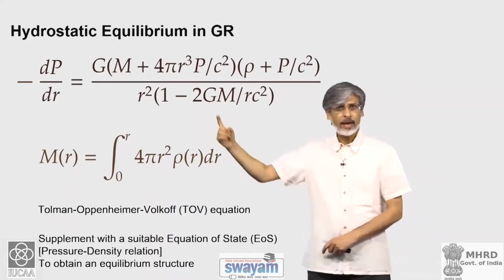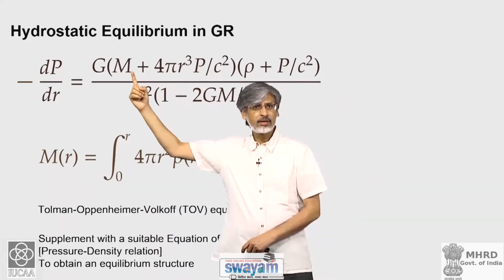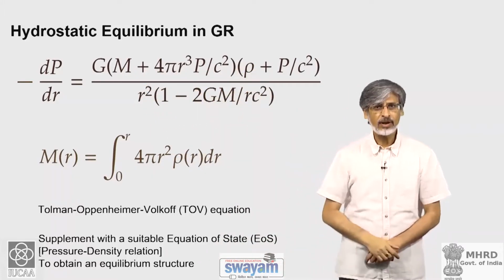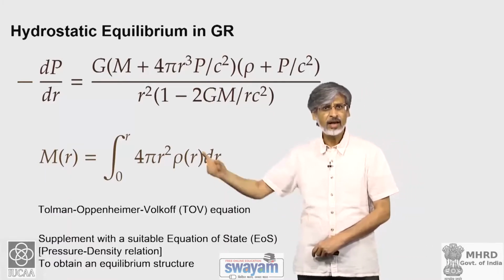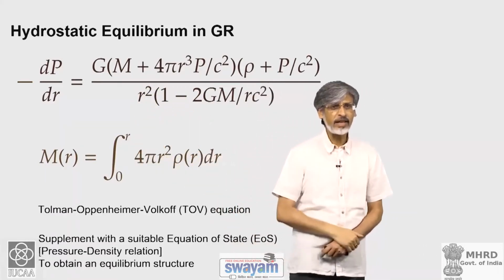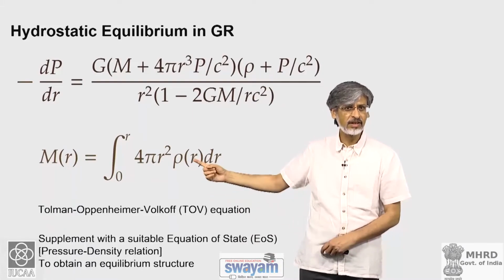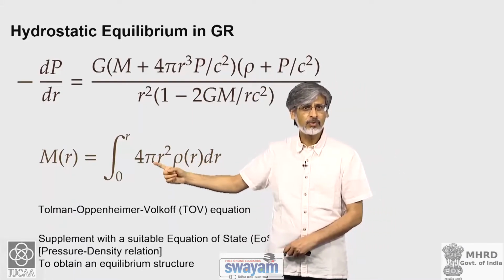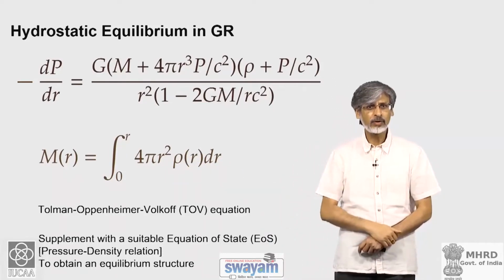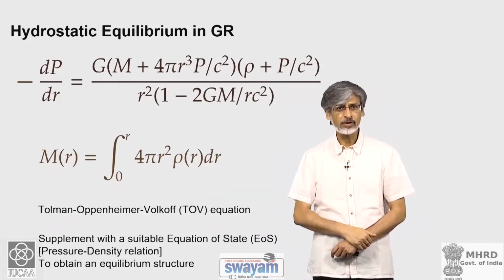The m, p, rho here are all functions of radius r, and m itself is defined as the mass contained within radius r, which is the integral from 0 to r of 4 pi r square rho of r dr. This definition is the same as what we have used in the Newtonian approximation.